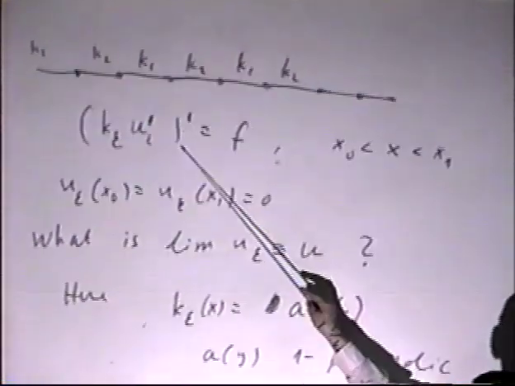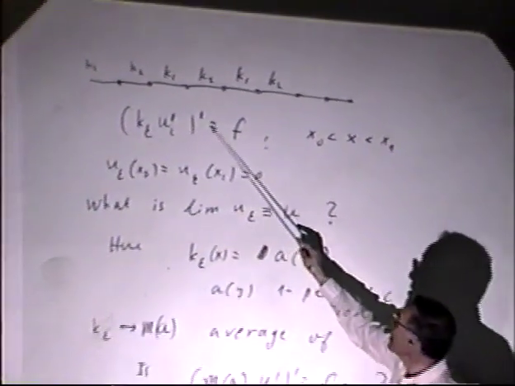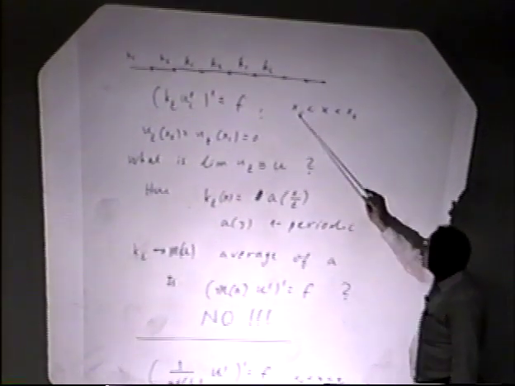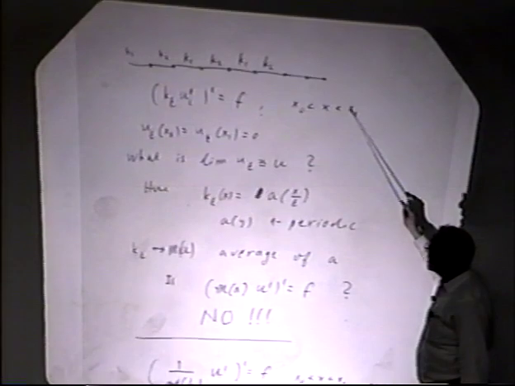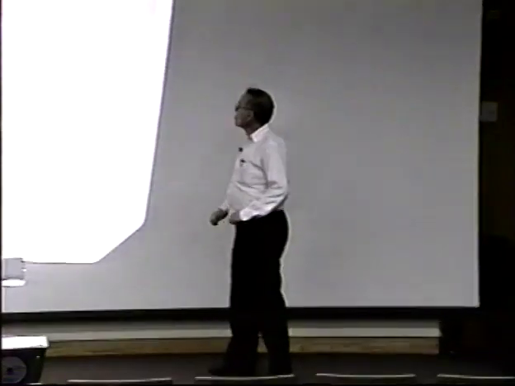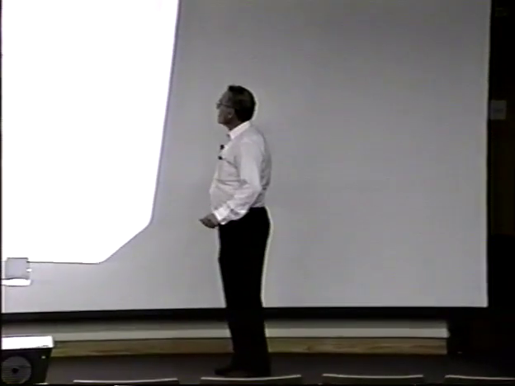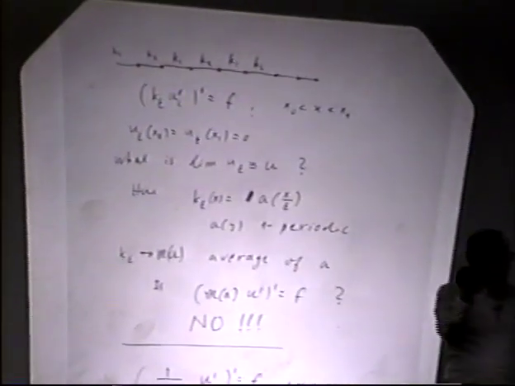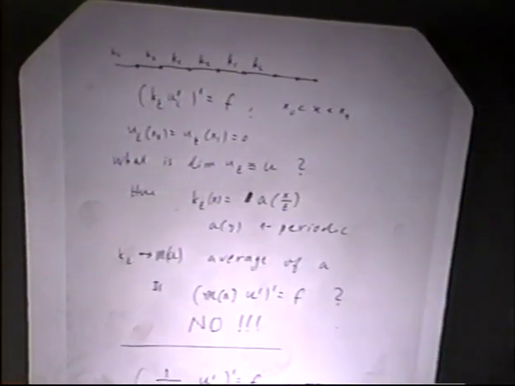This is a second order ordinary differential equation in one dimension in some interval between x0 and x1, and k epsilon keeps flipping from K1 to K2, K1 to K2 in a periodic way. So let's write it, and we are asking what happens when this interval gets smaller and smaller and smaller.